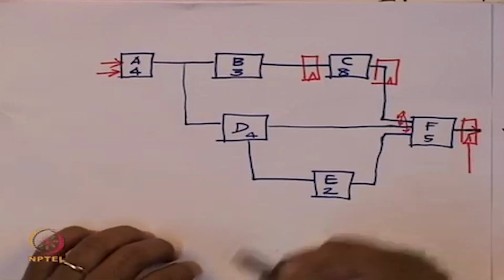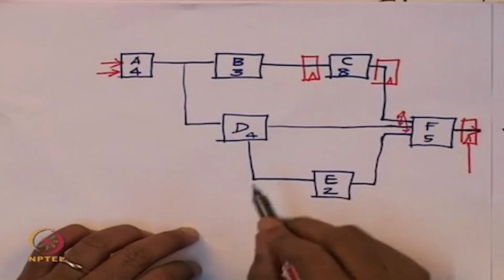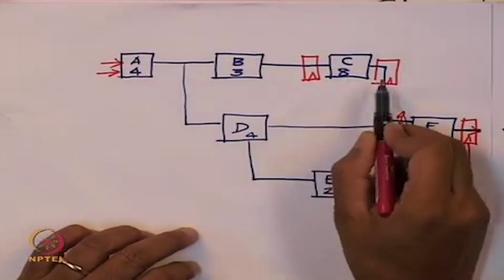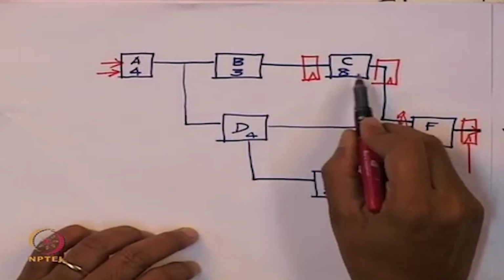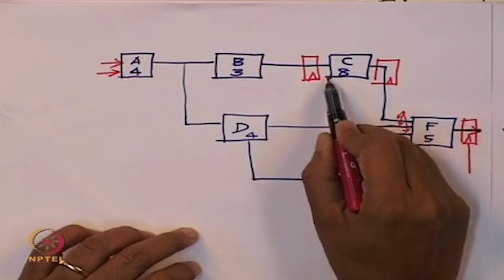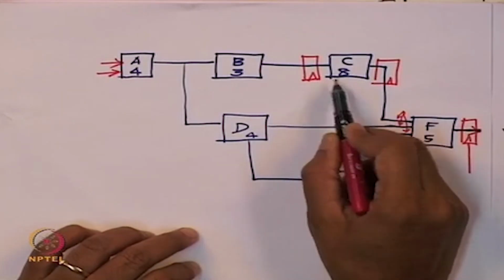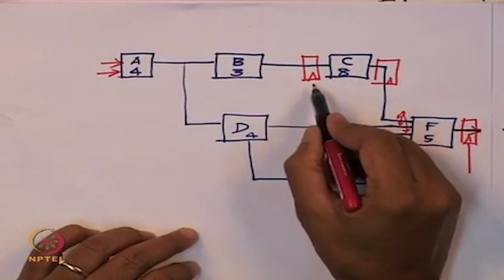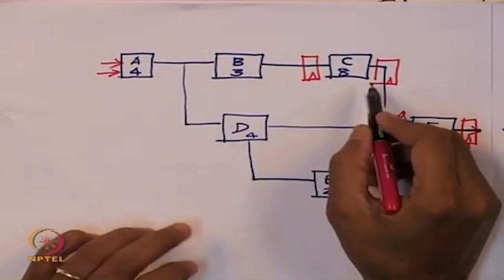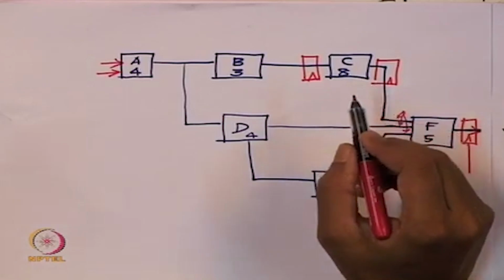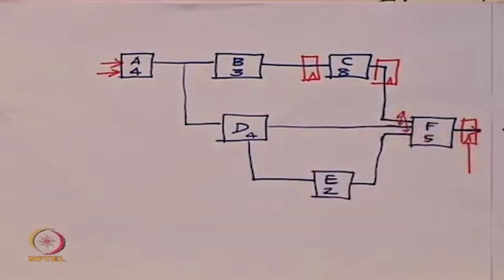If I put flip flops at the output of C and at the input of C, then the clock period hopefully will be only 8 nanoseconds and not more than 8. So immediately we get a drastic cut down from the clock period of 20 nanoseconds that we had earlier. We can now run a clock period of 8 nanoseconds.